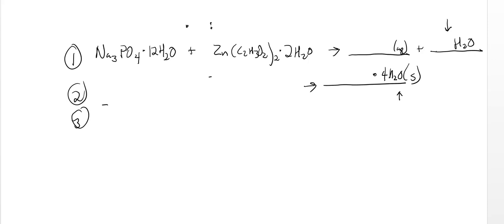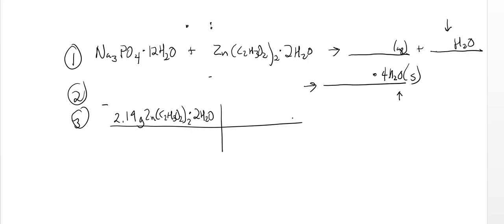Question number 3 is, well, if this is how much zinc acetate you start out with, how many grams of your precipitate will you form?